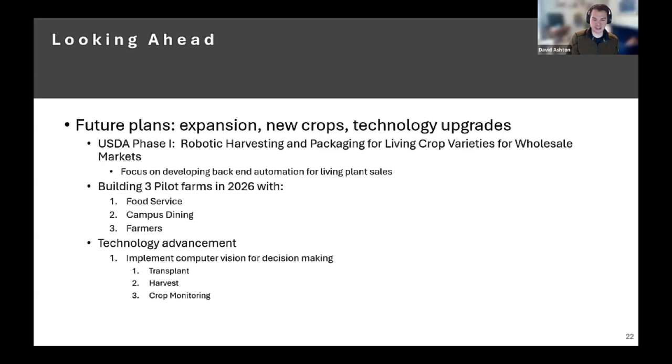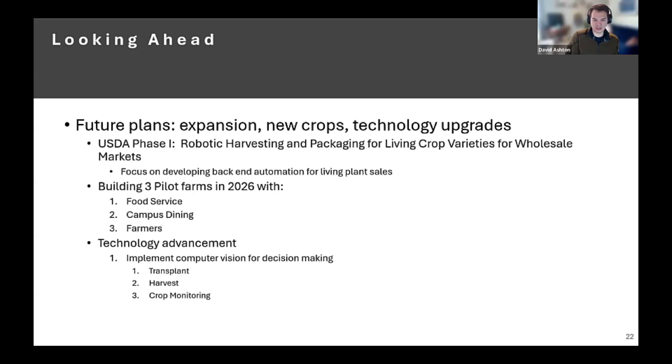It's very cost ineffective to ship air, so providing local living crop capabilities within our farm will allow us to address markets that large scale agriculture doesn't make a lot of sense to address. Next year we plan on building 3 pilot farms, one with food service, one with campus dining, and one with farmers. We want to prove out our technology in 3 different markets.